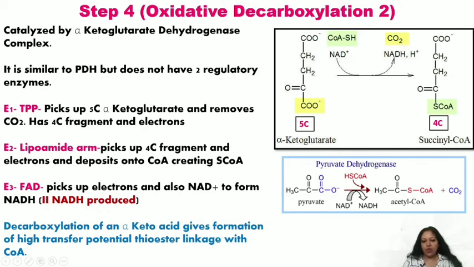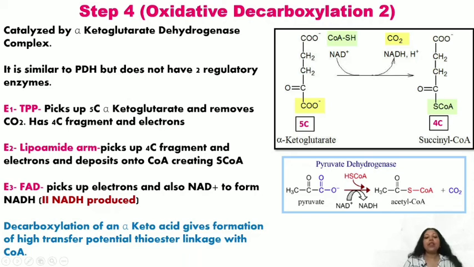A thioester linkage. Okay. Now the third unit comes into action, and it finally picks up electrons and also NAD plus to form the second NADH of the citric acid cycle, correct.